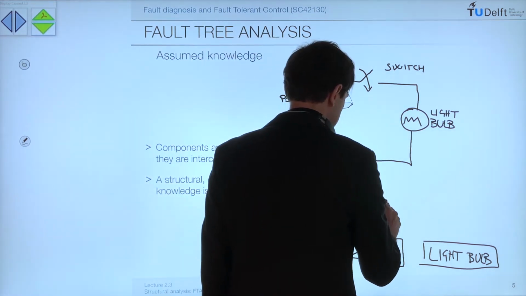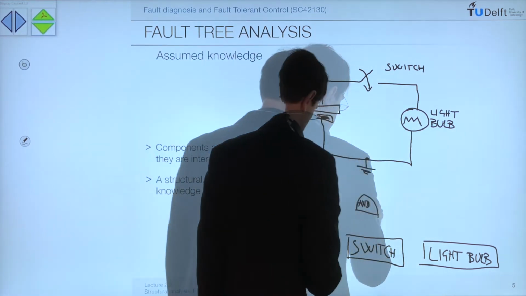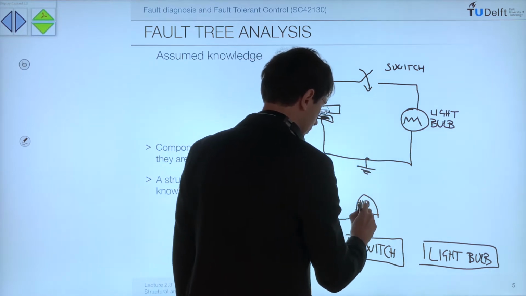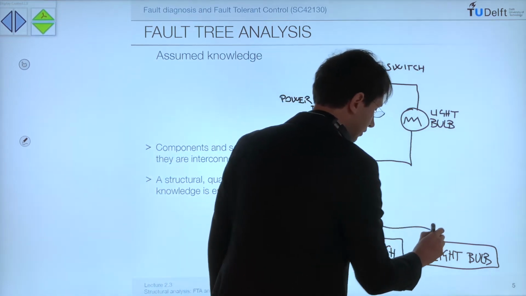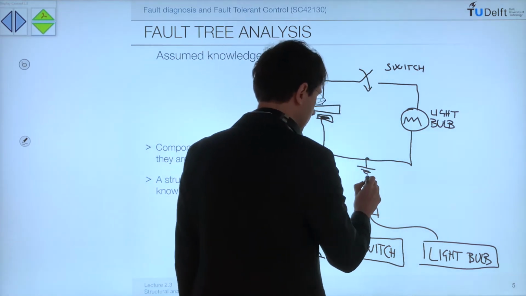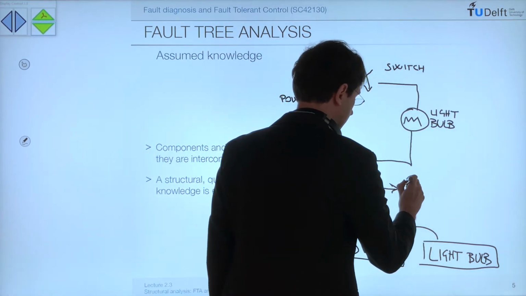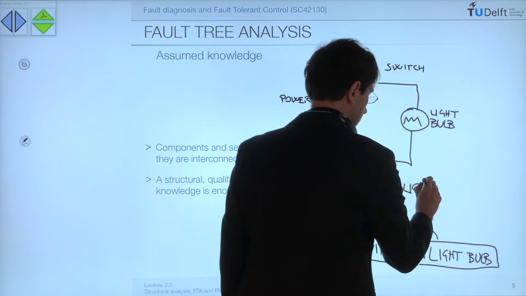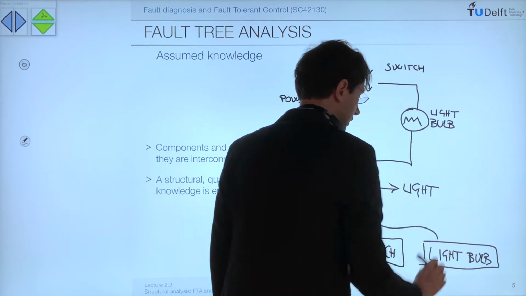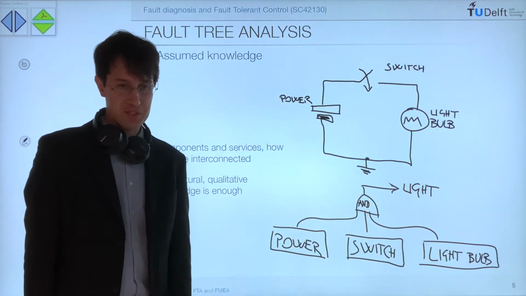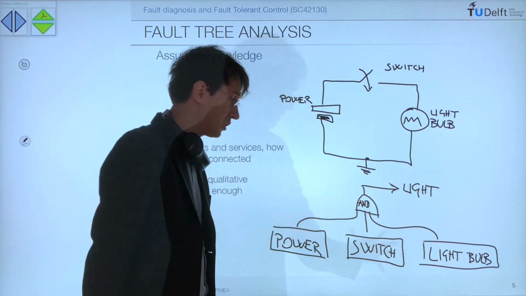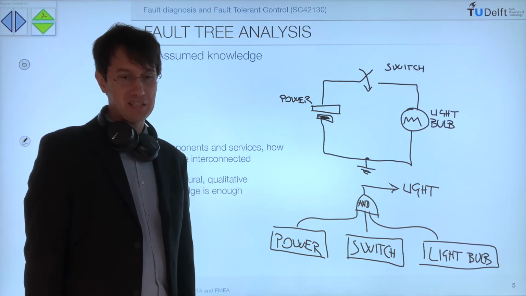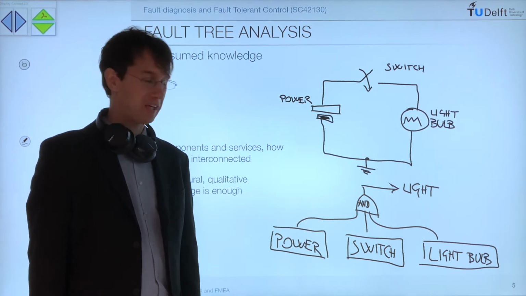And this logic function is simply taking the AND. So if power is working and switch is working and light bulb is working, we get light. Otherwise, we don't.